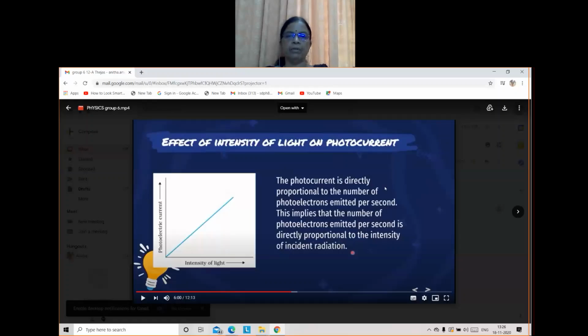So from the experimental setup, see, the intensity of light is increased. What is meant by that? You have seen that experiment: when light is incident on the metal plate, electrons are emitted. Then how will you increase the intensity of light? You have seen a torch there.